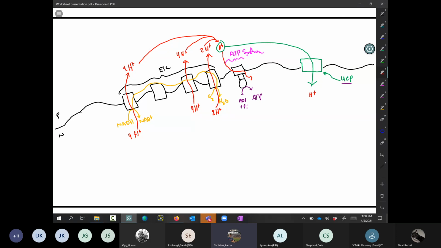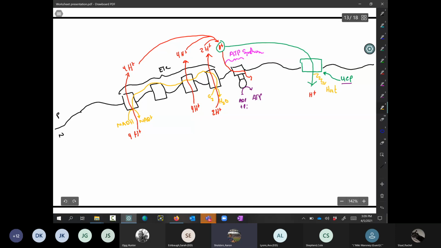So instead of making ATP, they will actually make heat. We could put it this way: the energy is going to come out of this as heat.